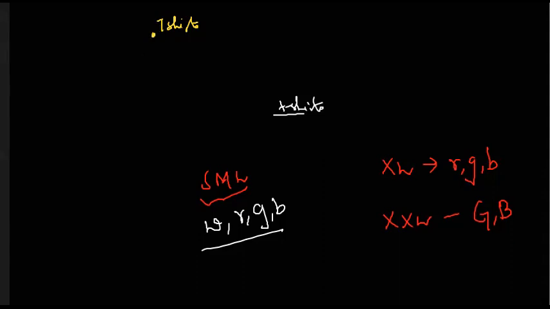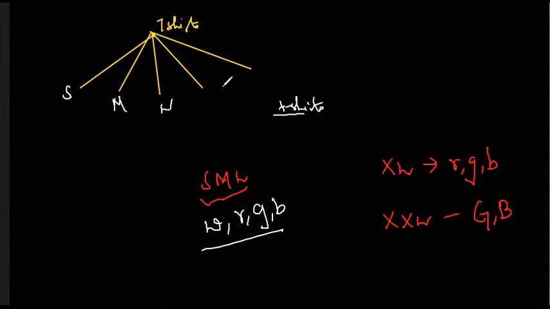Let's draw those. This is S, M, L, XL and XXL. This branch represents the choice while the node represents the outcome.